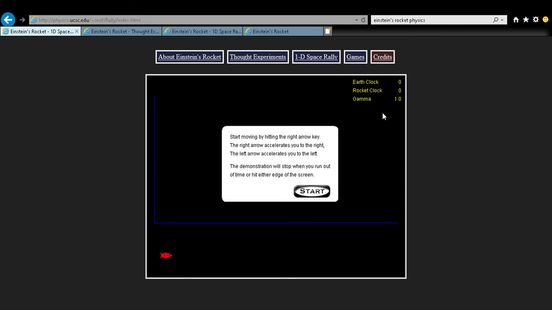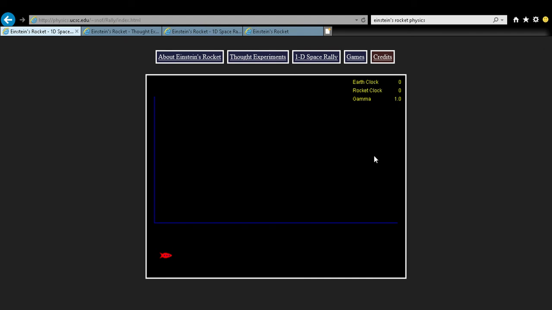And the last one is 0.9 the speed of light. All right, so I'm getting a gamma of 2.29. Not sure how close I can get here, so let's try that again.